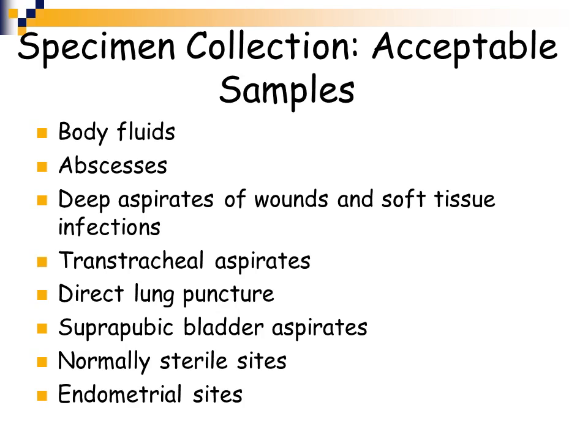So this would be body fluids, abscesses, usually a syringe, an aspirate from an abscess, an aspirate of deeper wounds and soft tissue infections, a transtracheal aspirate, a direct lung puncture, a suprapubic bladder aspirate. And a suprapubic bladder aspirate is when a needle is put into the bladder and then you suck urine out from the bladder. Normally sterile sites, such as cerebrospinal fluid, and also endometrial specimens.